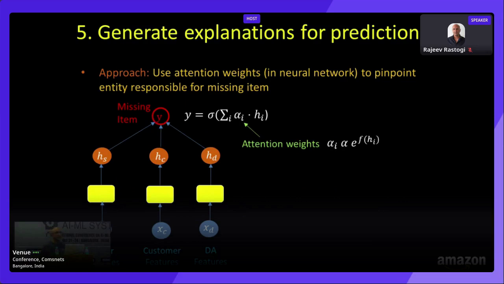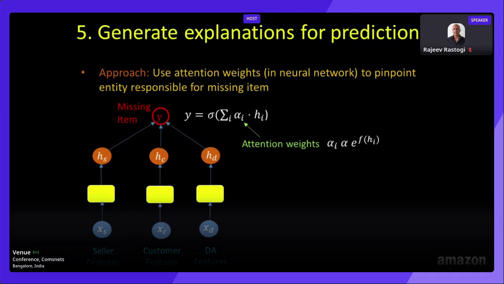And attention weights are computed for each entity by applying a transformation function f to the hidden state for the entity, as shown in the equation here. And the final probability of the item going missing, which is this y here, is obtained by applying the sigmoid function to the sum of hidden states for the different entities, weighted by the attention weights, right? So this is your final probability.